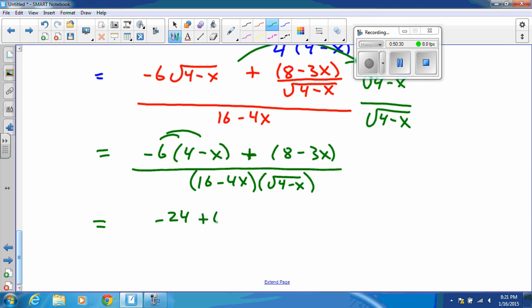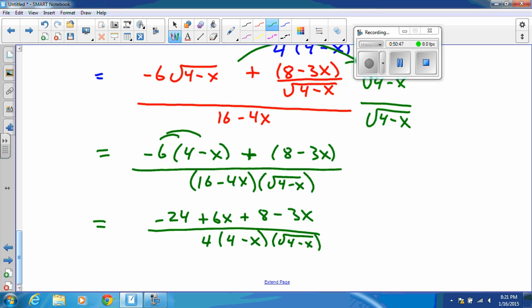And when we do, we distribute to each term, and we get negative 6 times (4 minus x) plus 8 minus 3x, all of that over... and now we can distribute here and get negative 24 plus 6x plus 8 minus 3x, all over.